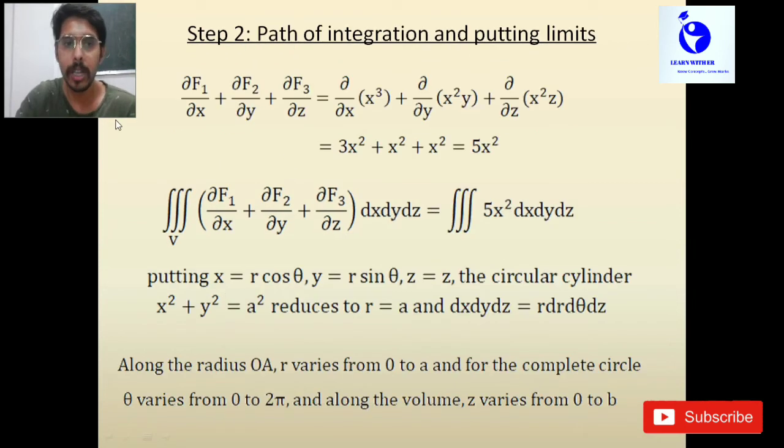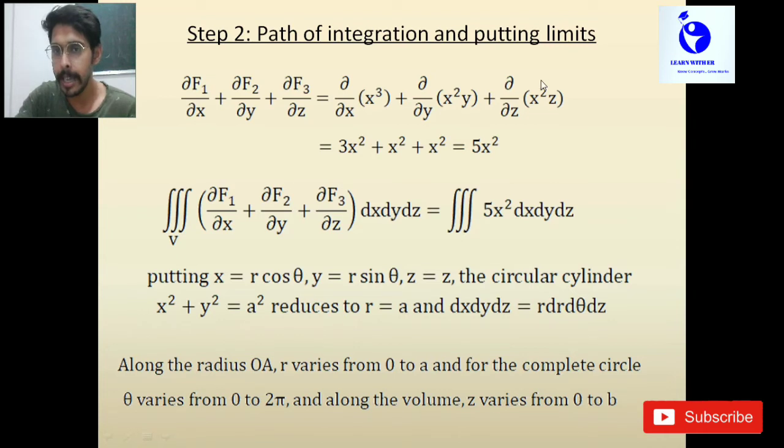So here, as you can see, this is del f1 del x, del f2 del y, del f3 del z, because we are now directly converting the surface integral into the volume integral, the triple integral. So del x of x cube is obviously 3x square. Del x of x square y, here y is a constant, and x square is put aside, del y of y is 1, so x square remains.